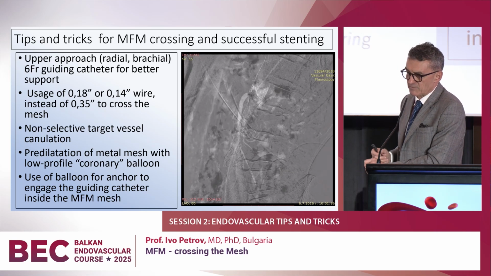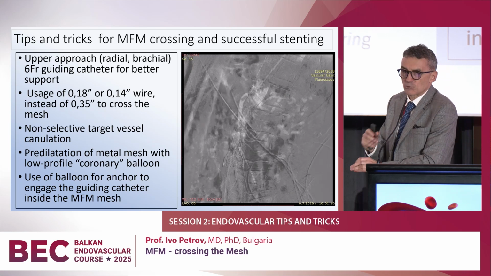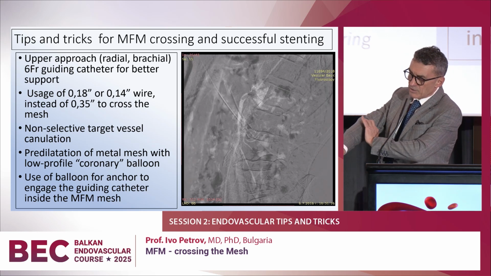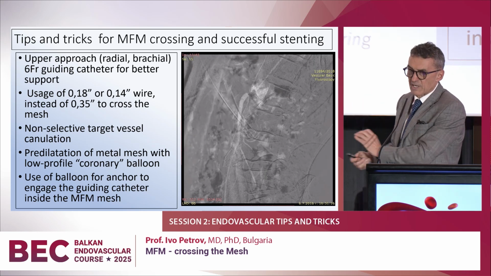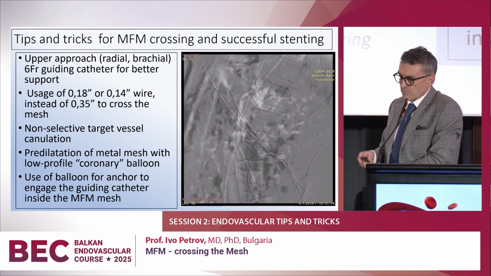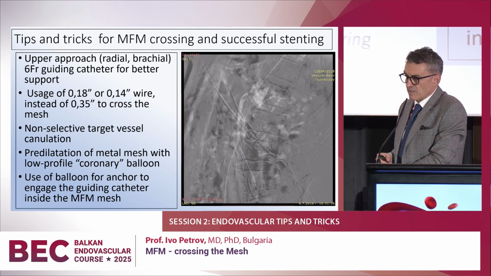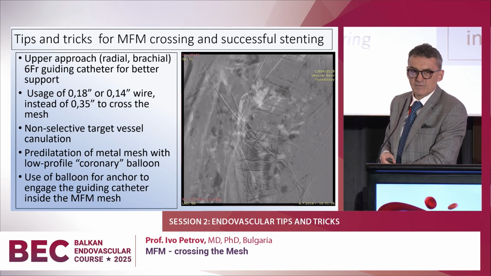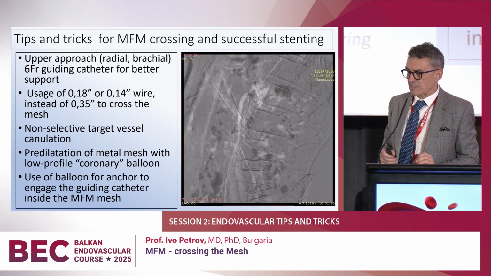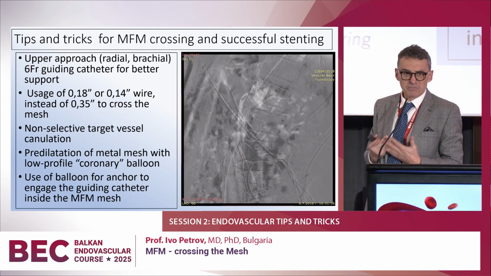One of the tricks is to engage a balloon inside the mesh and to use the balloon as an anchor in order to introduce the catheter inside the mesh. For example, in this critical osteostenosis of the superior mesenteric artery, the game is even more difficult because there is not only critical osteostenosis, but there is a mesh before the stenosis.